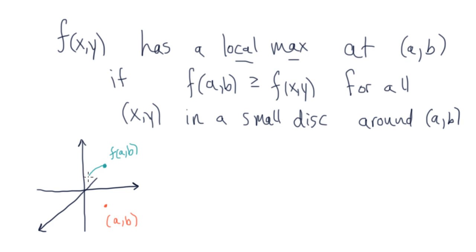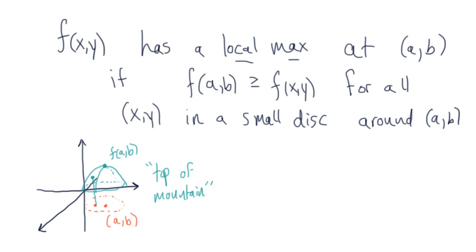And basically in any direction we look, in some small little disk like that, so here's my disk around (a, b), all points (x, y), if I look at their image, it's smaller than this point (a, b). And in the back of your mind, you should just think top of mountain.